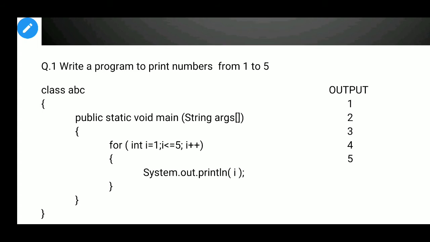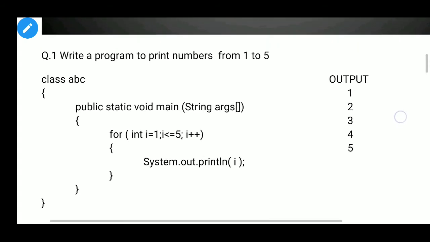Inside the main we have written for (int i = 1; i <= 5; i++). So int i = 1 is the initialization. We are initializing i with 1.